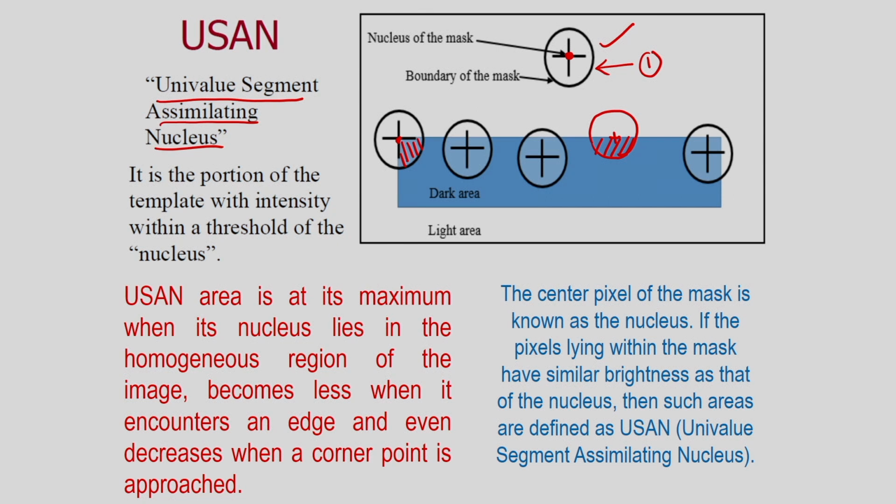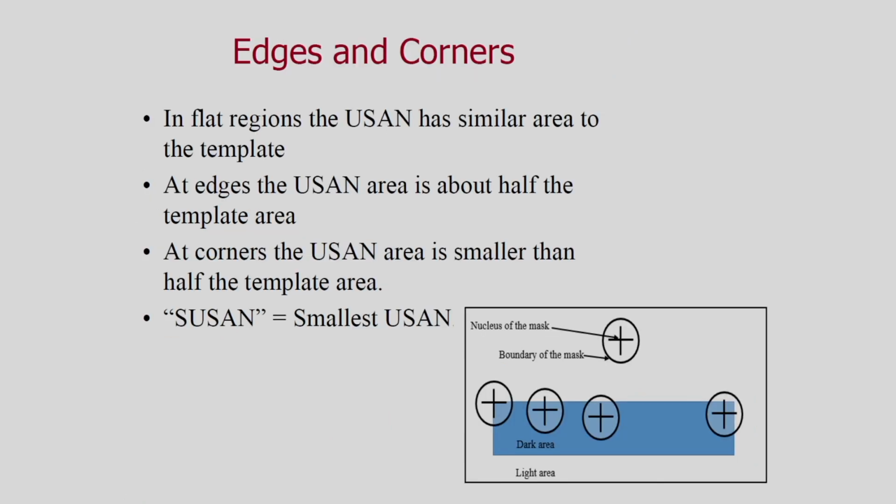In my next slide, let us see mathematically how to consider this problem. In the flat regions, that means the homogeneous region, the USAN has a similar area to the template. At the edges, the USAN area is about half of the template area.